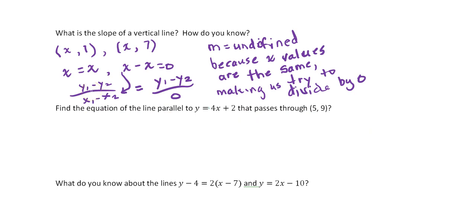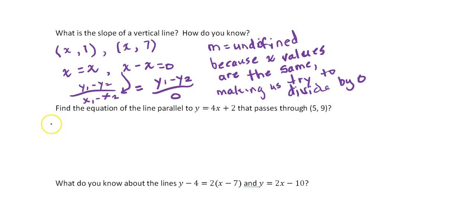Find the equation of the line that's parallel to y equals 4x plus 2, and it passes through the point 5, 9. All right. I'm going to give you both ways you can go about this. I'm going to go with what's probably the easiest way first. I'm going to do the point slope form on this one.